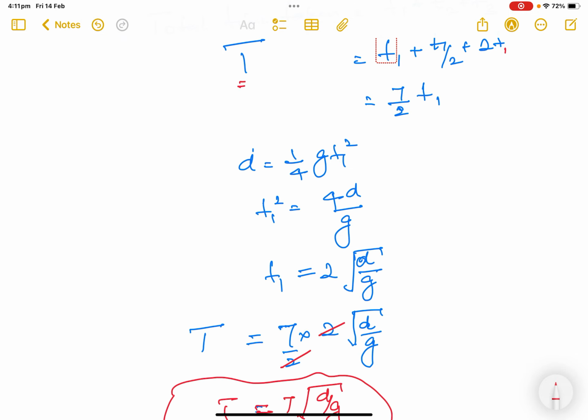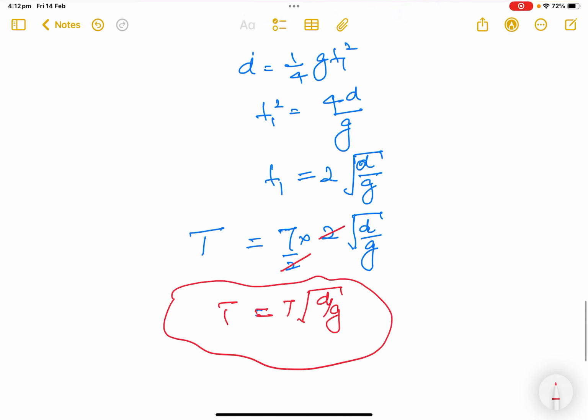From the equation, we have d equal quarter g t1 squared. From that, with one cross multiplication, t1 squared is 4d over g. Then t1 equal square root of 4d over g. Taking the 4 out of the square root gives 2 square root of d over g. Of course, we don't need plus or minus when we root, because time is always positive, always greater than 0.